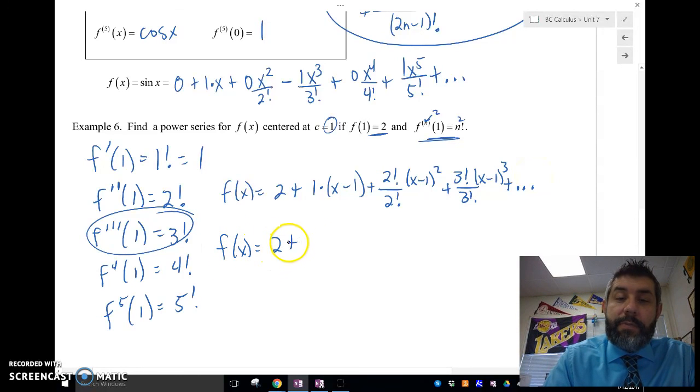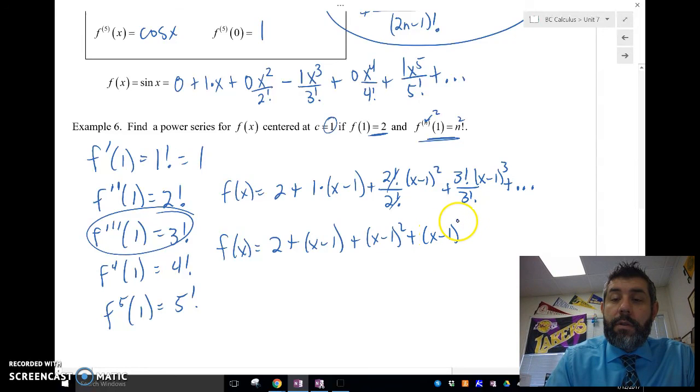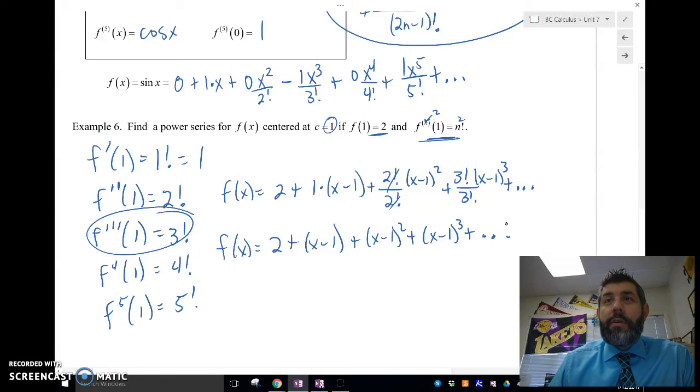Let me simplify this bad boy. These cancel out. What does that look like, right? Well, this 2 kind of messes everything up because it doesn't follow along with this, right?